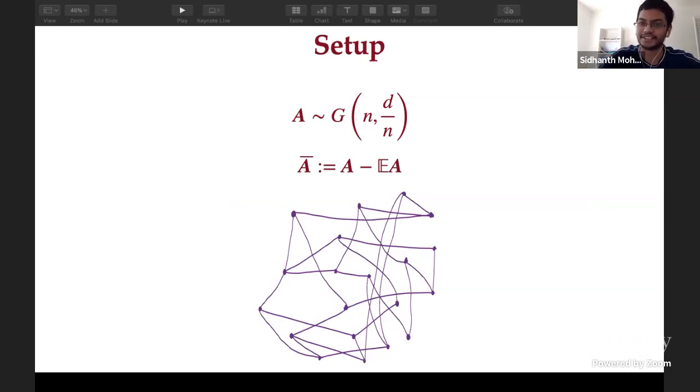So A is going to be the adjacency matrix of an Erdős-Rényi graph, where the edge probabilities are d over n, and you should think of d as being a constant. We're going to use Ā to denote the centered adjacency matrix.